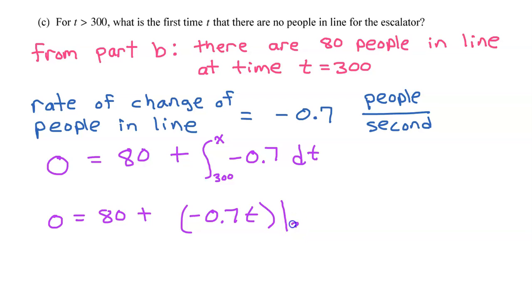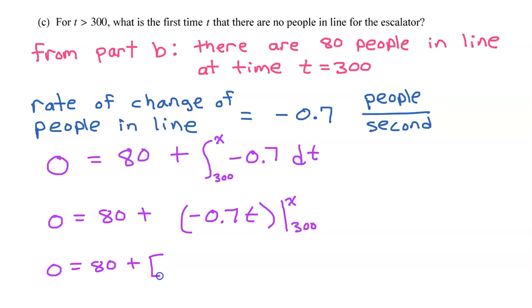So we will evaluate from 300 to x. And then, in order to do this, we find the value at the upper limit minus the value at the lower limit. So we would have 0 equals 80 plus.